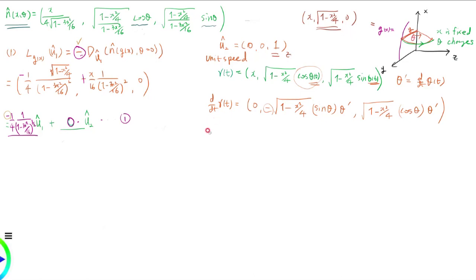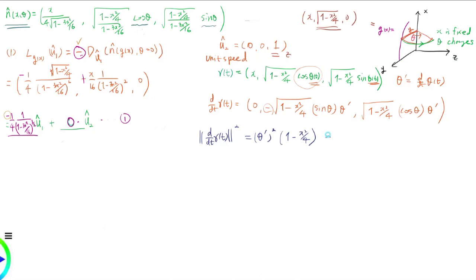And by taking the norm of this gamma prime, actually let me take its square, and I have square root of theta prime times 1 minus x squared over 4.